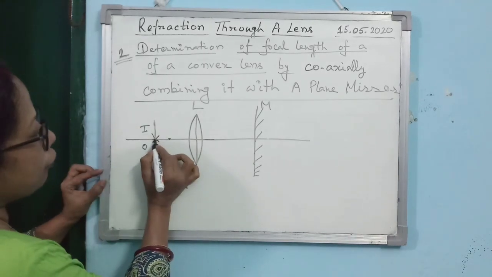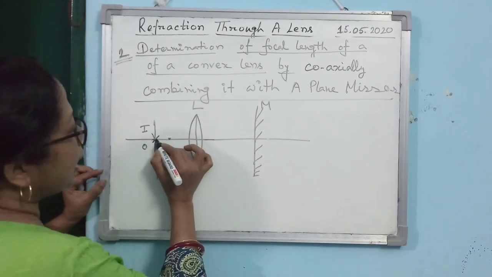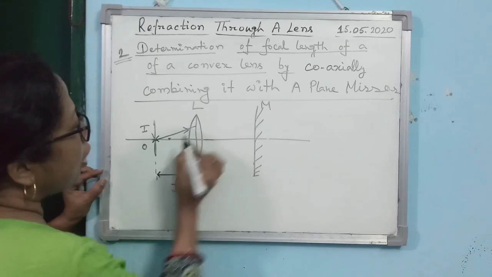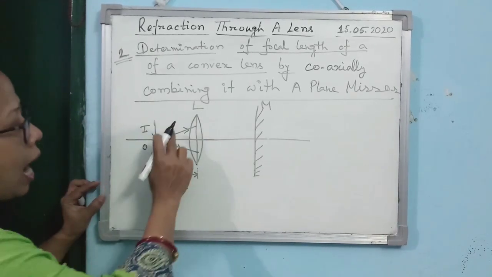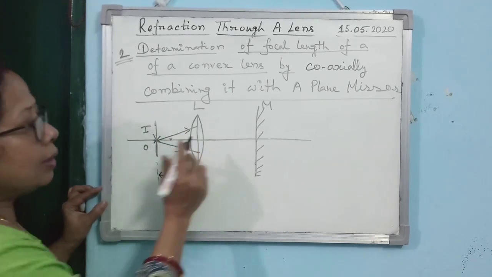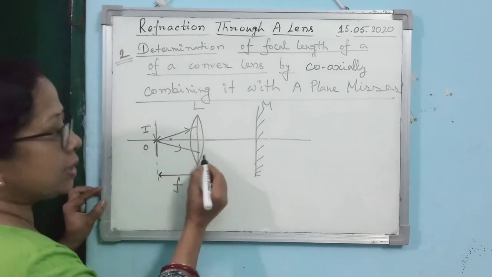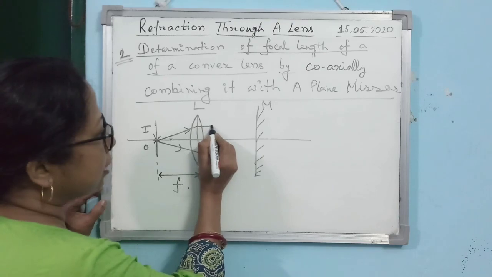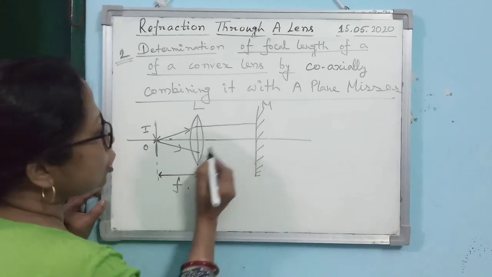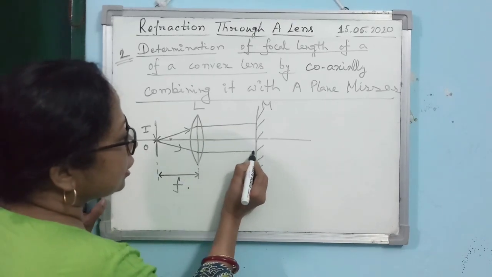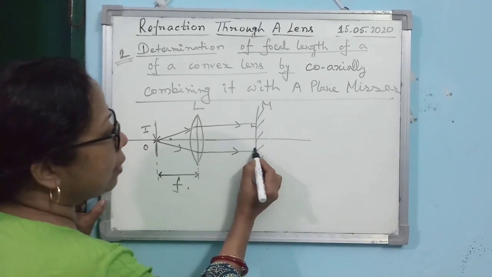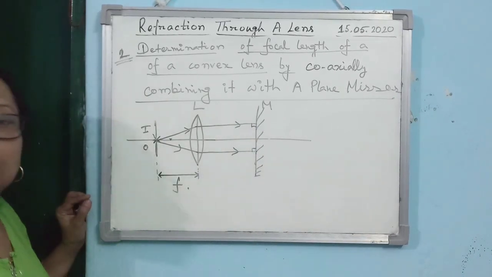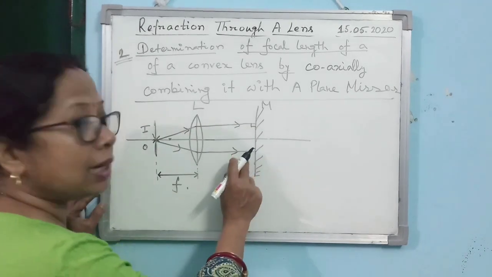So here you see, from the object O, the light rays are falling on the lens. After refraction through the lens, they should move in such a manner that they fall on the mirror perpendicularly. Why perpendicularly?